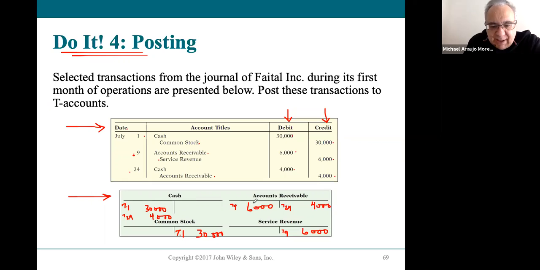Accounts receivable has $6,000 on the debit side and $4,000 on the credit side, so the balance would be a $2,000 debit balance, because accounts receivable is an asset and the debit side is larger than the credit side. Common stock has a $30,000 credit balance. Service revenue has a $6,000 credit balance. This is basically what you're going to be doing for posting. Questions?